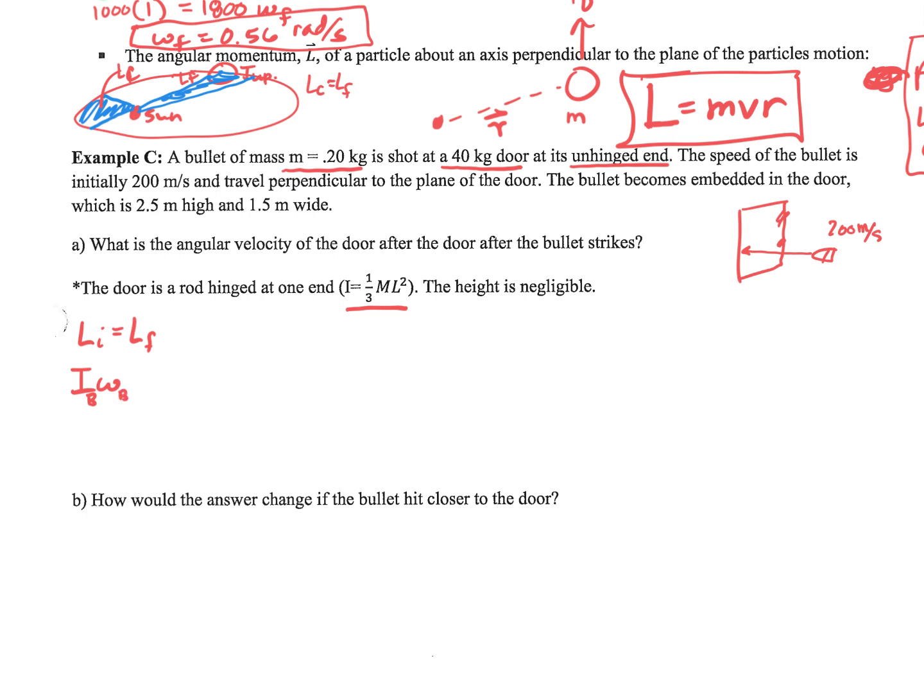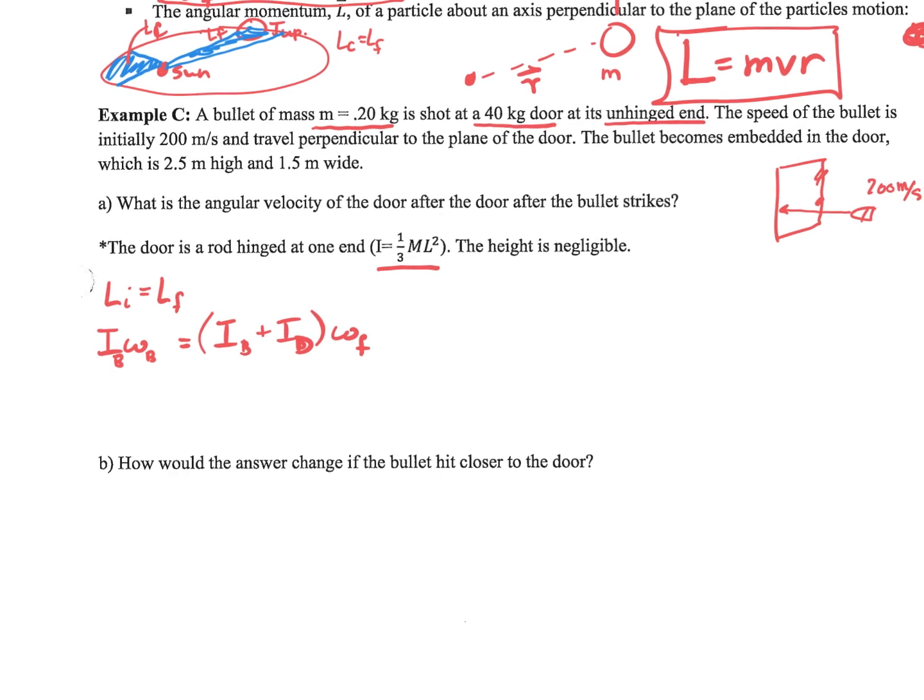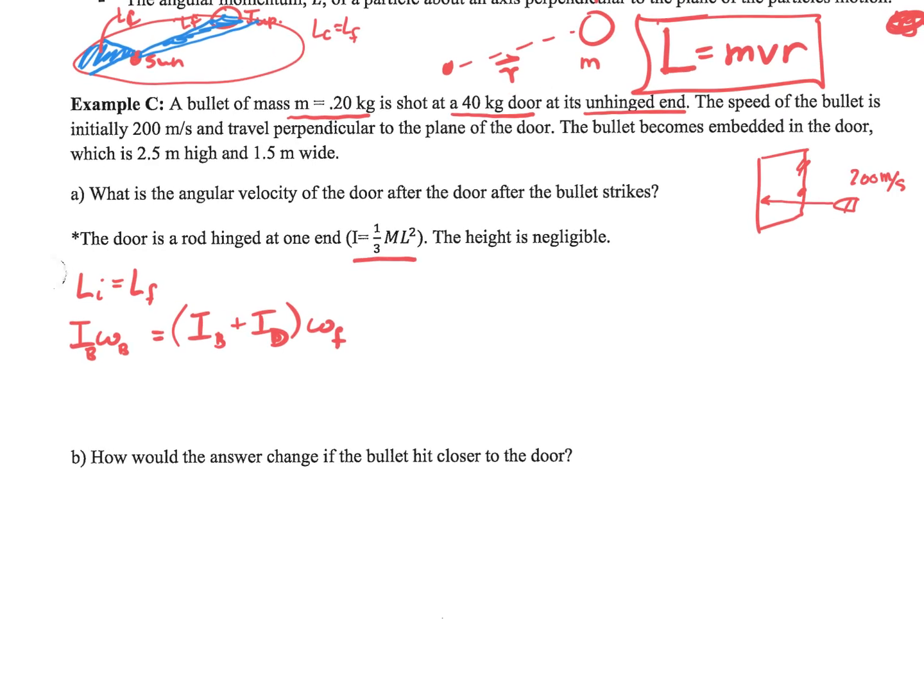Final, it's going to be swinging together, so I for the bullet plus I for the door, times omega final. And omega final is what we're looking for. The bullet is a point mass, so I for the bullet is going to be mr squared.